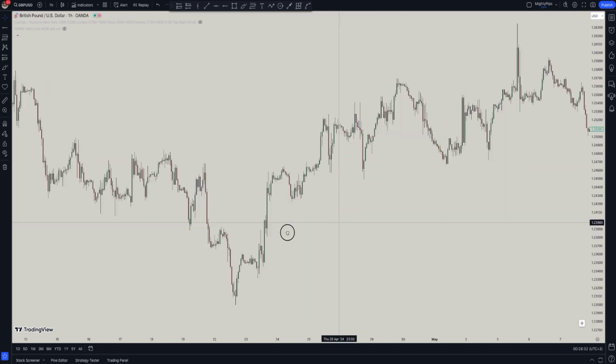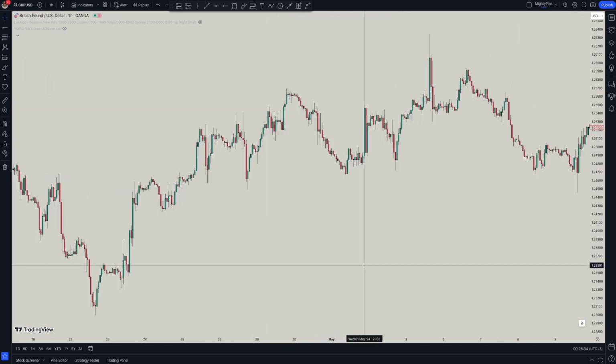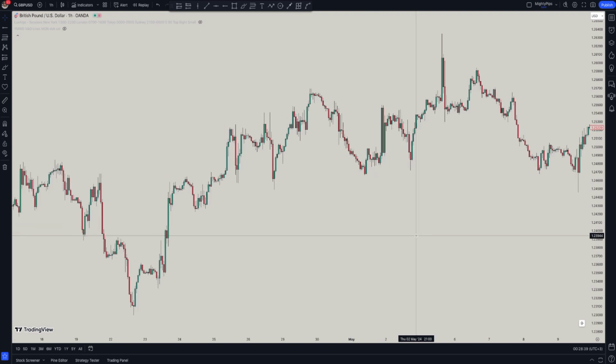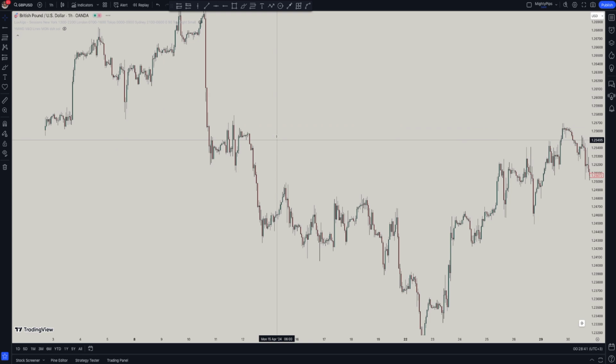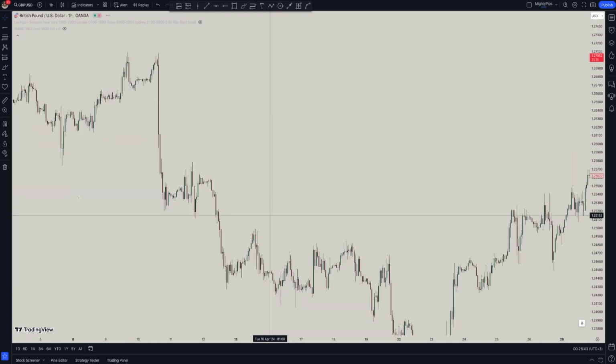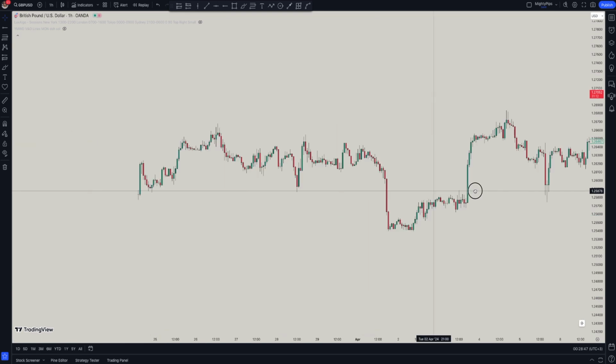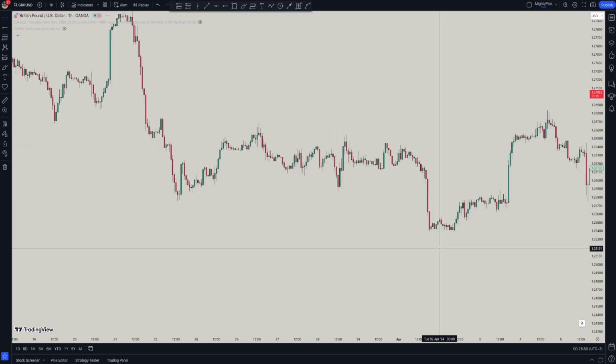So remove the drawings, and let me show you guys a head and shoulders pattern that is not an inverse. It's just the opposite of the inverse head and shoulders. Let me just go look for it, see if I can get a clear one for you.